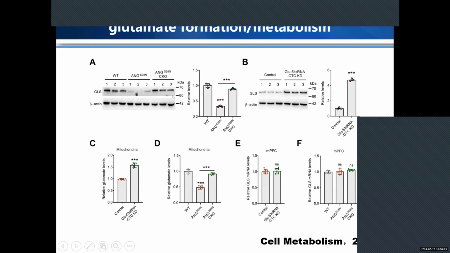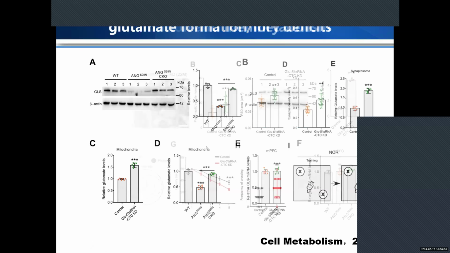When the cristae structure got disrupted, GLS can be released from the cristae and very soon got degraded. Then we understand if the biosynthesis enzyme is getting degraded, glutamate metabolism is affected. Glutamate level is actually decreased.